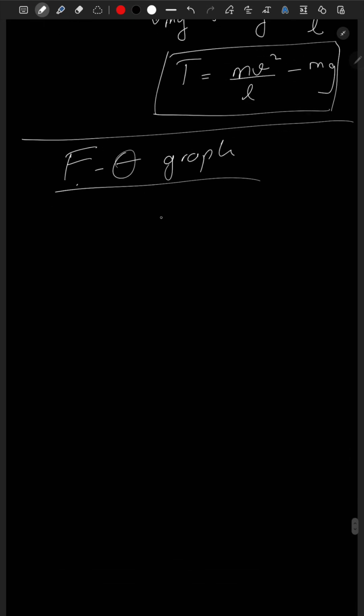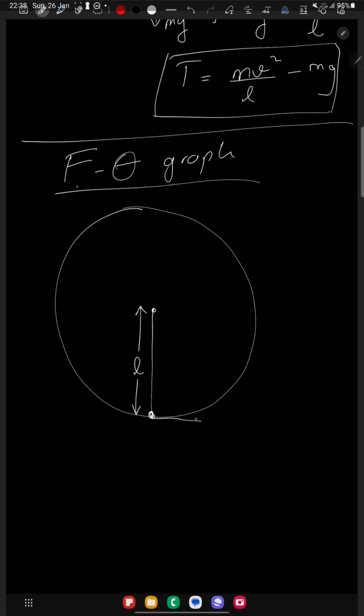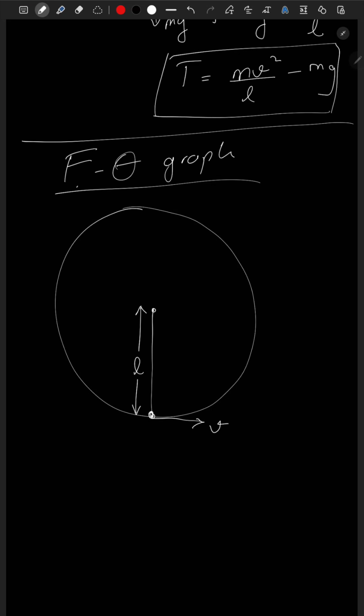So let's consider the circle, again the vertical circle. And here is the center. This is the length of the string L. The velocity of the particle is tangential, V. And suppose at some point the particle would be here. So it is at some angle theta.